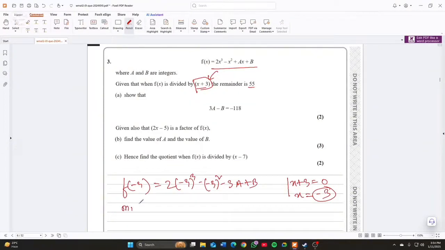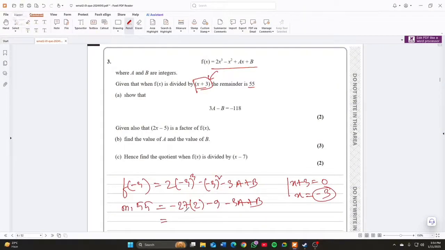So in place of f of minus 3, we write 55 equals 3 cubed is 27, and since it's negative 3, minus 27 times 2. 3 squared is 9, so minus 9 minus 3a plus b.